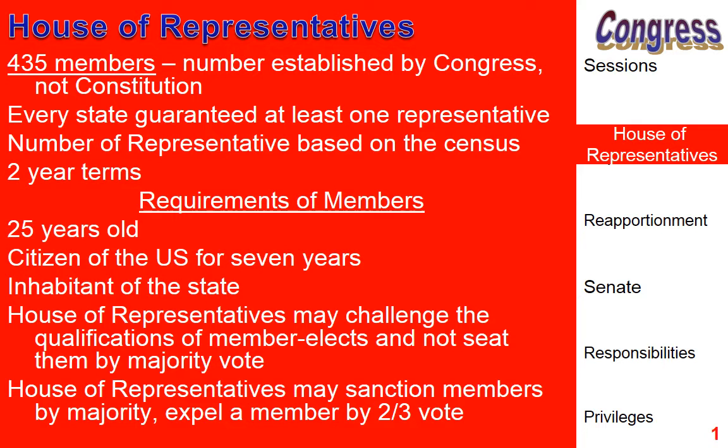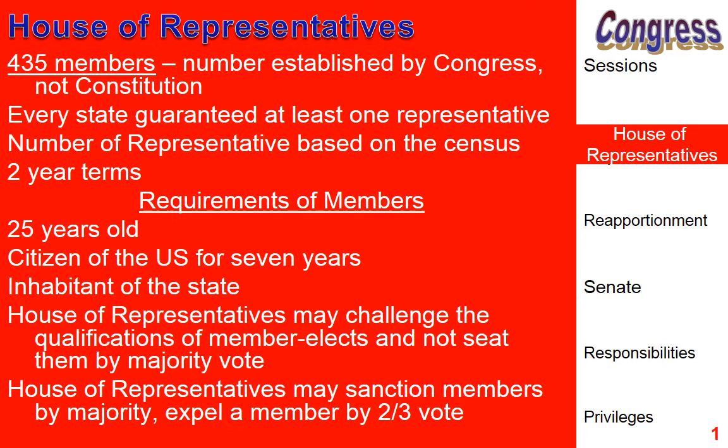See, up until this point, it was impossible to lose a number of how many people you had in Congress per state. But now that we're limiting it to 435, as some states grow faster than others, they get a higher proportion of the members of the House of Representatives.